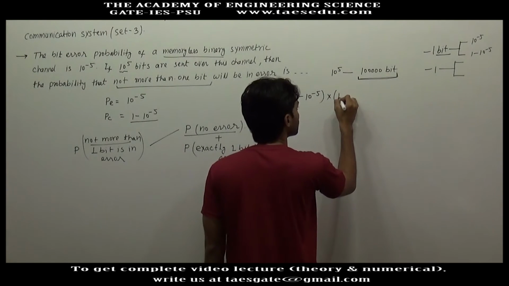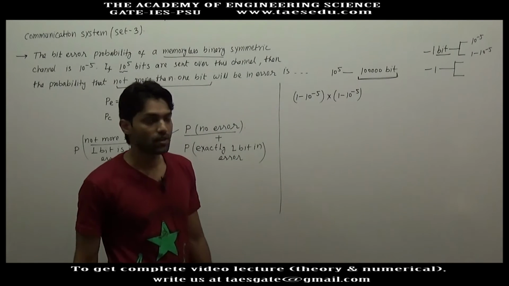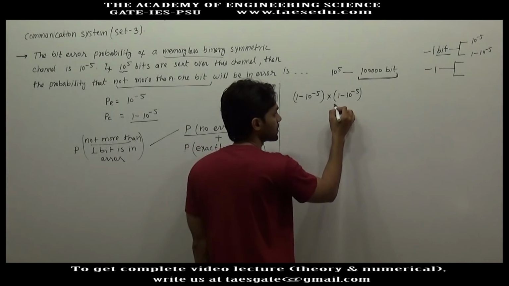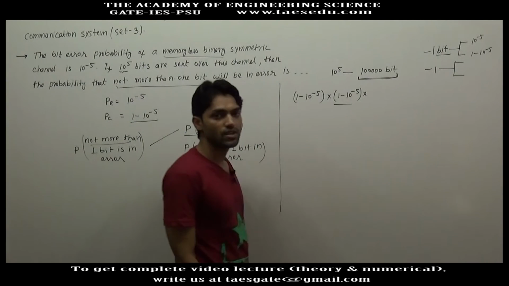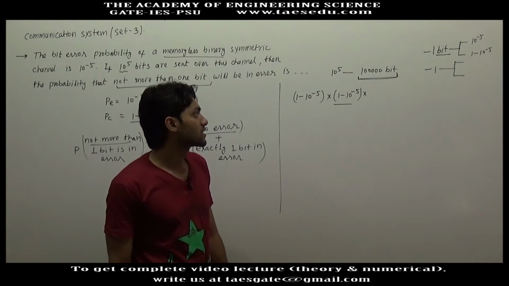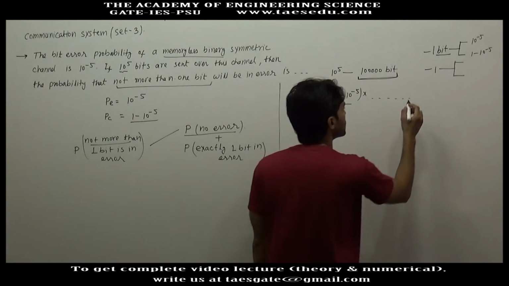Similarly, for the second bit also, the probability of correct detection is this, and simultaneously all bits have to be detected correctly. So we will multiply the same quantity 1 lakh times.